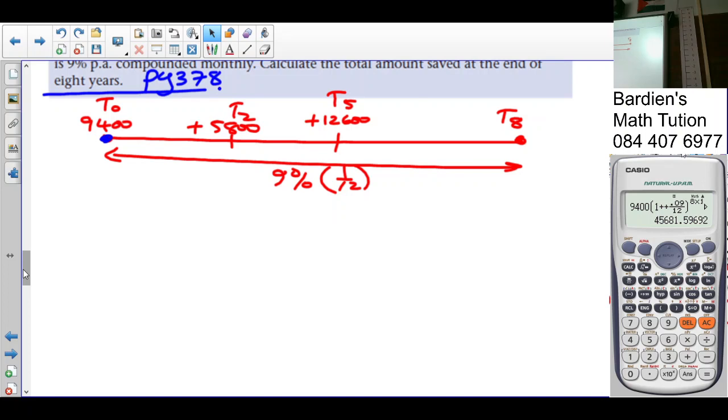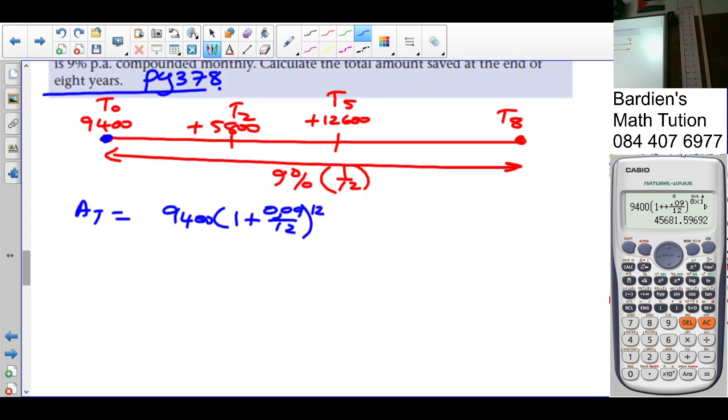The other way is also going straight into a total. What they do is they consider 9,400 rand for 2 years. In other words, this is your P value lying here. So what you do is you add 5,800 rand to it. So now this is your new P value.